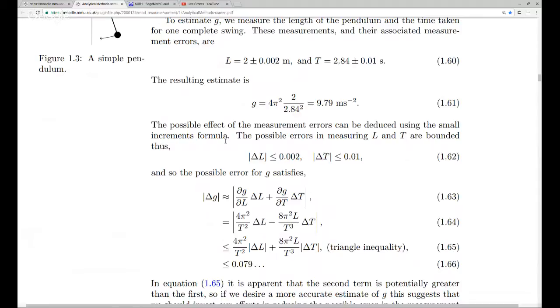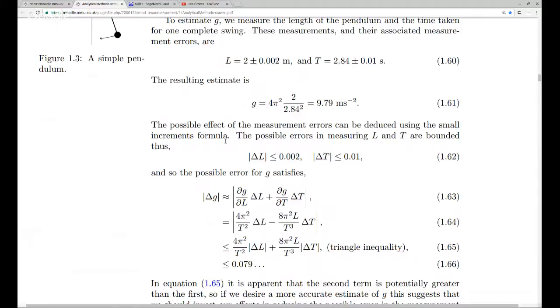So we can obtain these two partial derivatives. 4 pi over T squared is dg dl, dg dt is minus 8 pi squared L over T cubed. So these get multiplied by the associated errors in L and T.